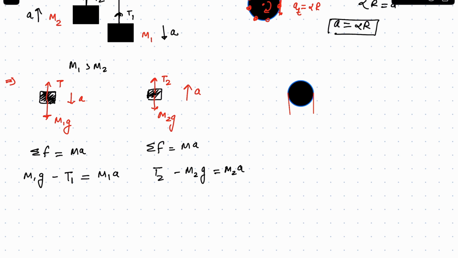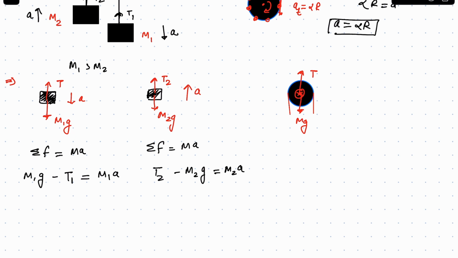And who is going to apply the torque on this pulley? Look at the gravitational force acting on the pulley: it is at the center of mass, that is at the axis of rotation, so it is not going to apply any torque. So the torque because of T and mg becomes 0, about our fixed axis of rotation.